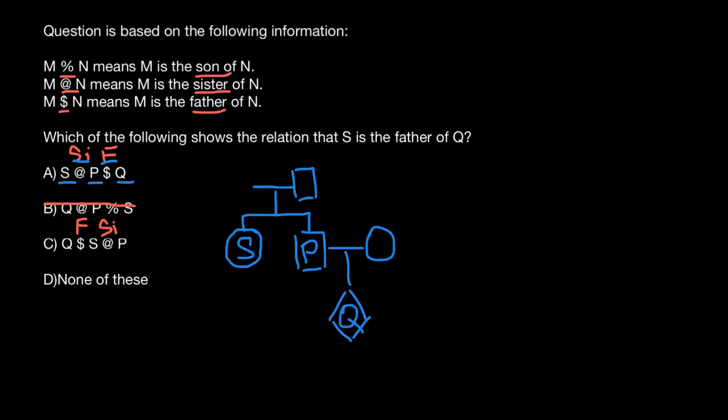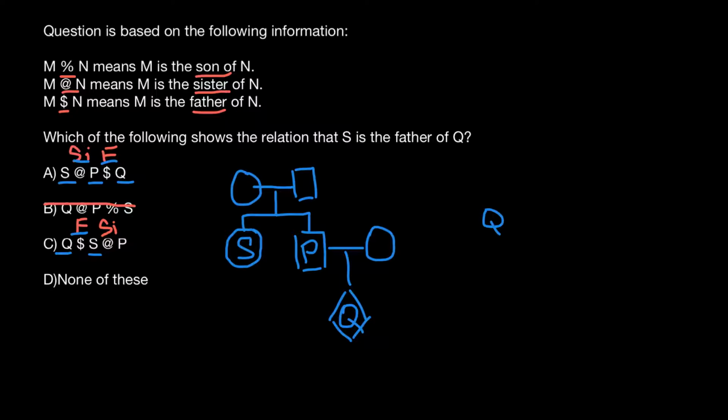So again, which of the following shows the relation that S is a father of Q? As you see, S cannot be a father because S is female. So Q is a father of S.